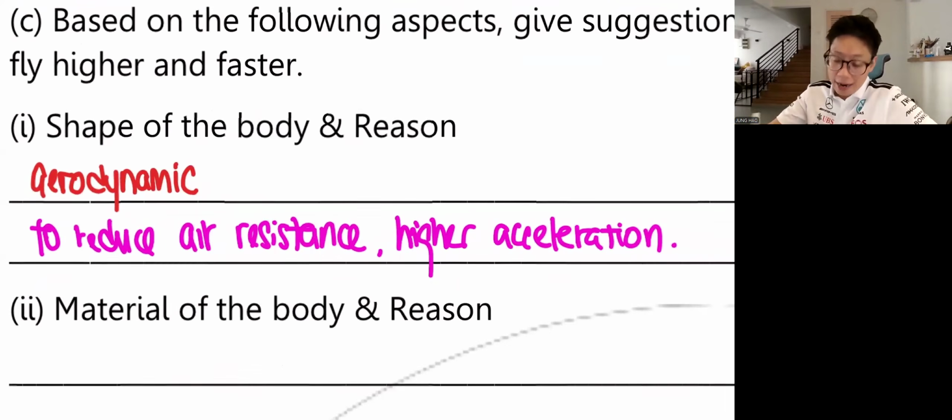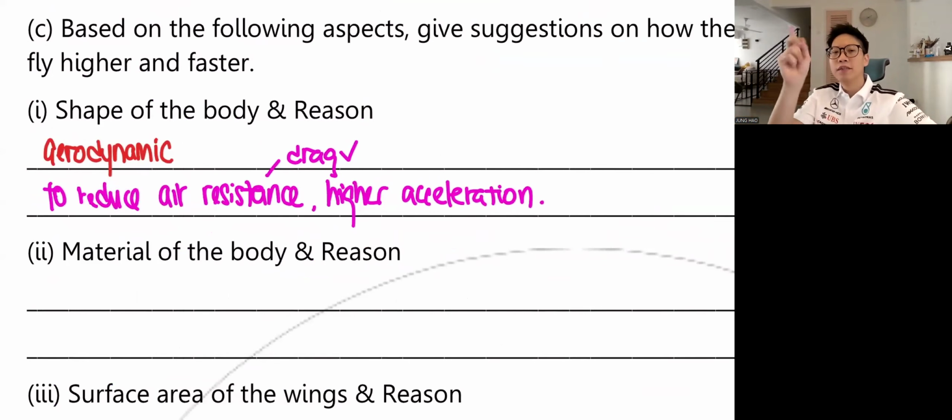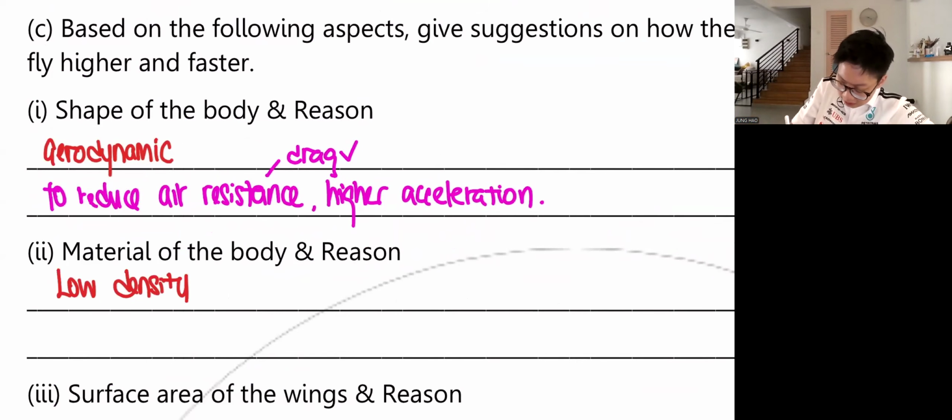Hey guys, I also allow it if you write drag, it's okay. Okay, that's the problem. We do not write the name of the material. The best answer you can write is low density, guys.